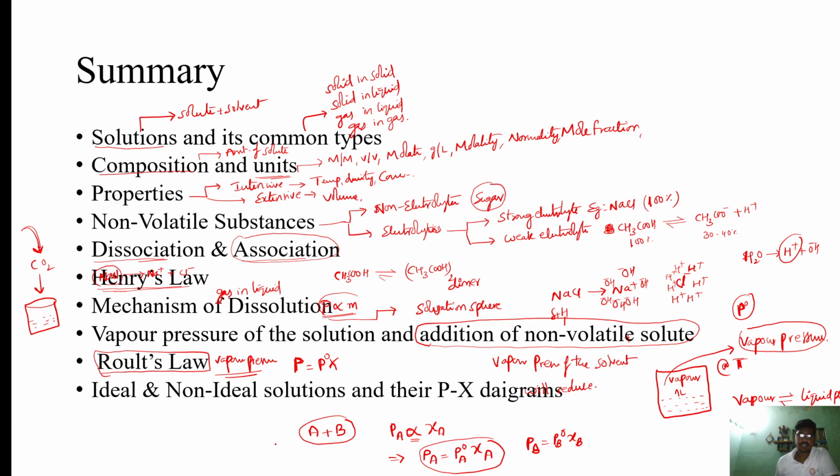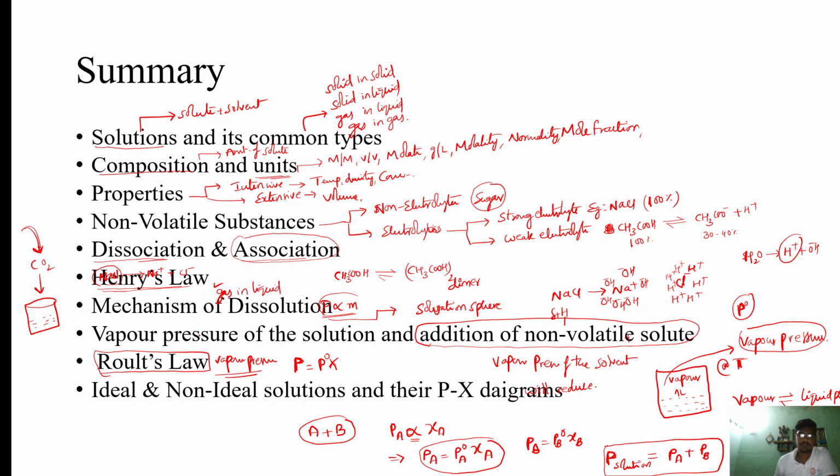And Raoult's law says that the total vapor pressure of solution is equal to vapor pressure of component A plus vapor pressure of component B. This is the expression that you must remember. This is Raoult's law, and that is Henry's law.